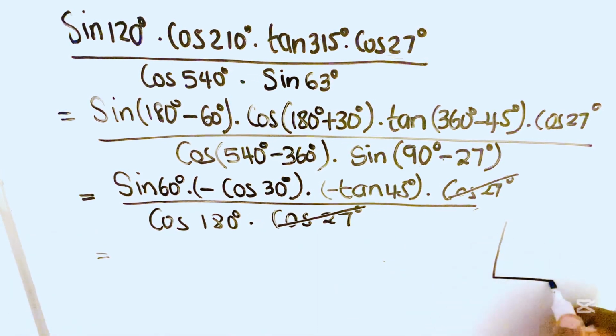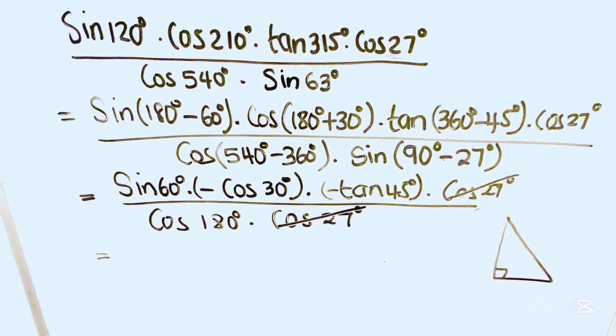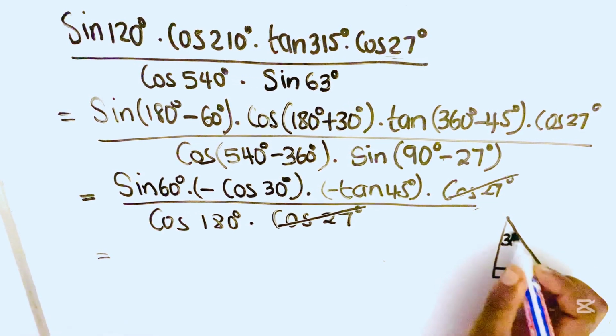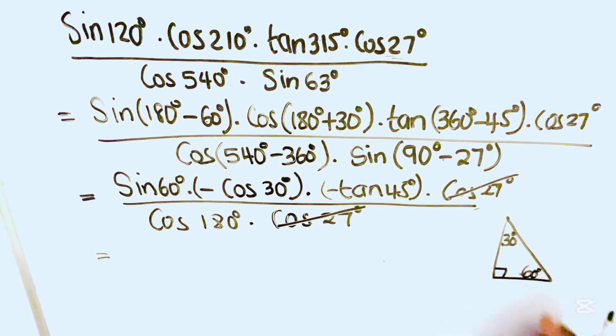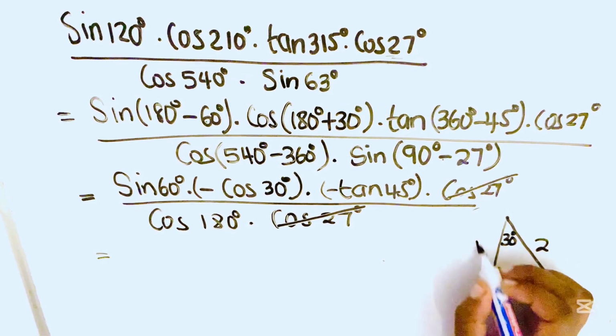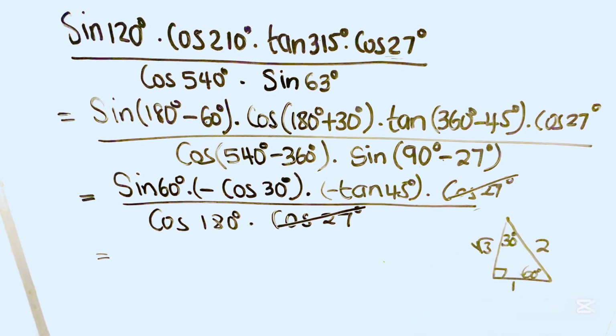Then these are the special angles. We'll use the triangles, whereby it's 60 degrees, 30 degrees. This is the breakdown from the equilateral triangle, whereby here is 1, it's 2, root 3. You just have to memorize it. That's the only way you can master it.